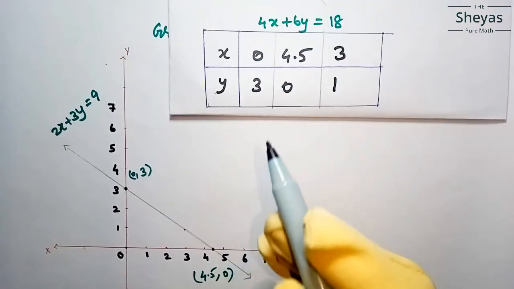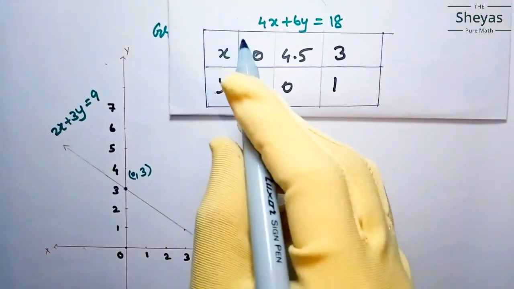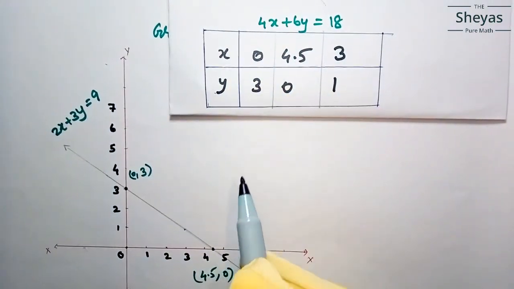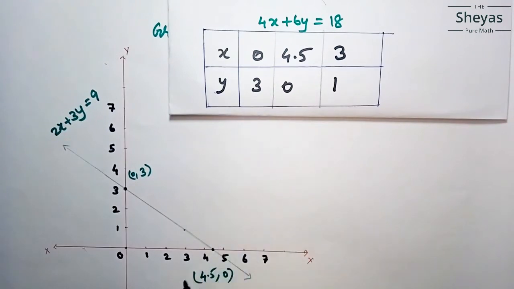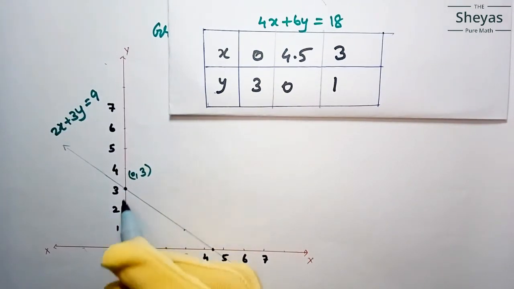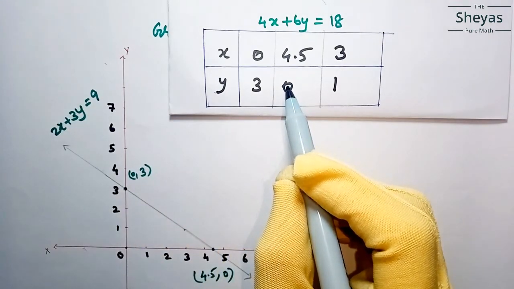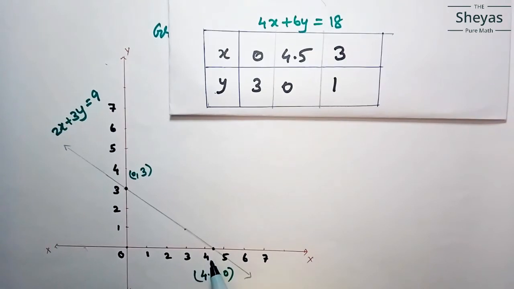The next equation is 4x plus 6y is equal to 18. So what were all the points we got? 0, 3, the same 0, 3. For the next line also we are getting the same points: 0, 3, then 4.5, 0, then 3, 1.